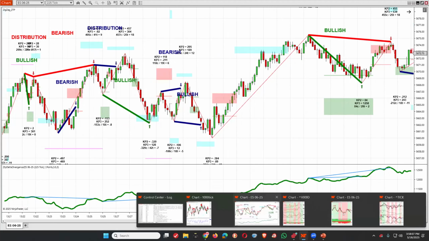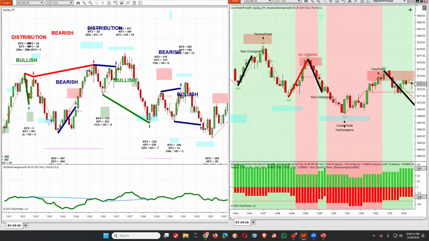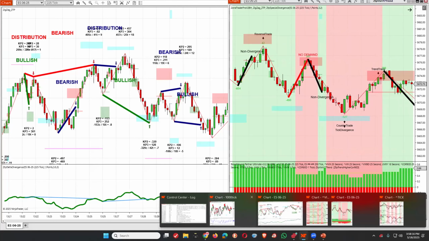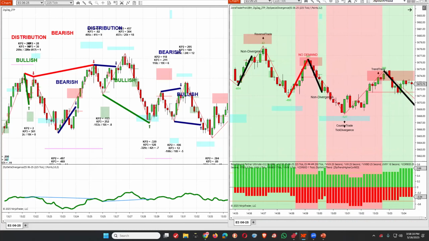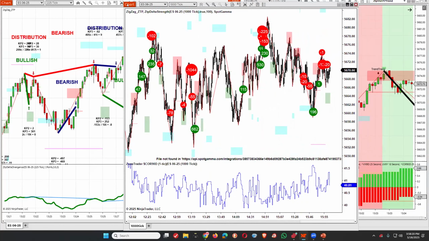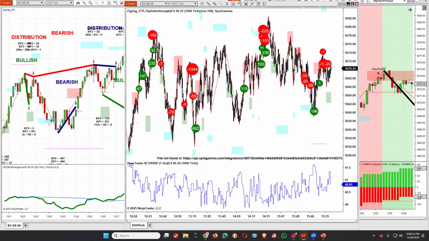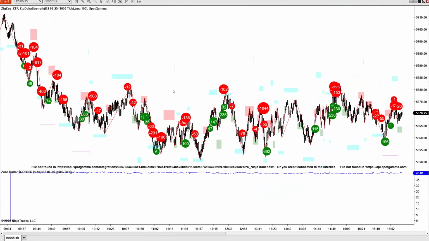So let me try to bring up one of the other charts that I do have up right now. This is basically what I call my overview chart.